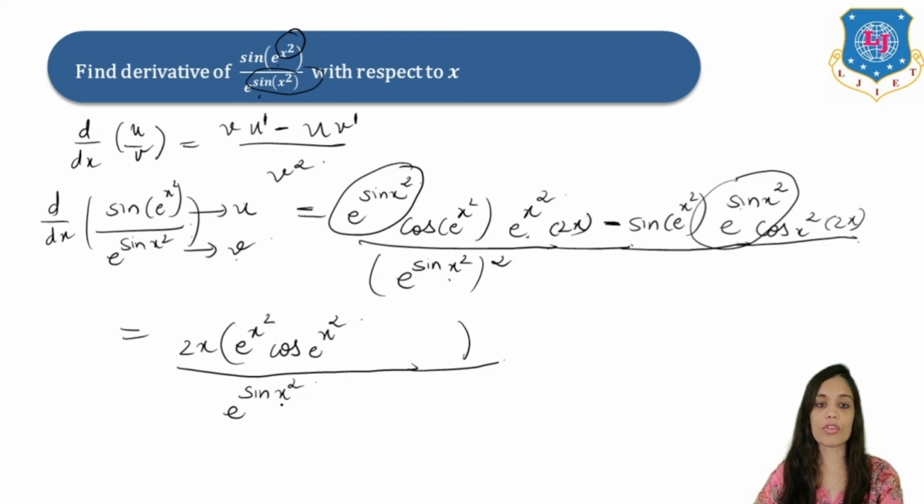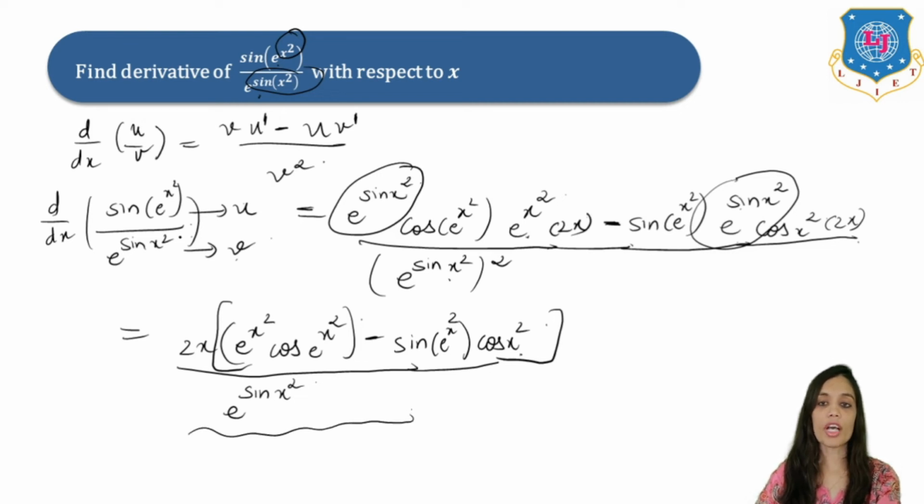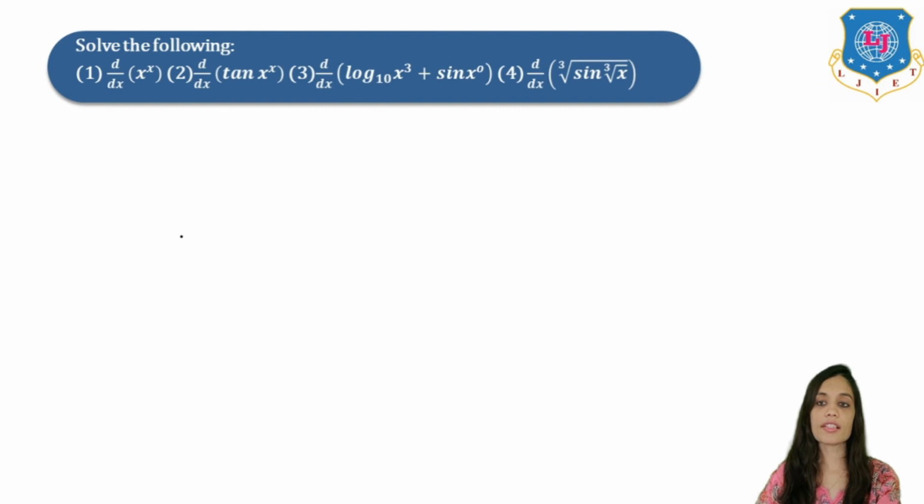This 2x is common. Right? Minus. Now what will remain in this? Sine e raised to x square cos x square, right? So this is your final answer. Okay. So now let us go to the next example.